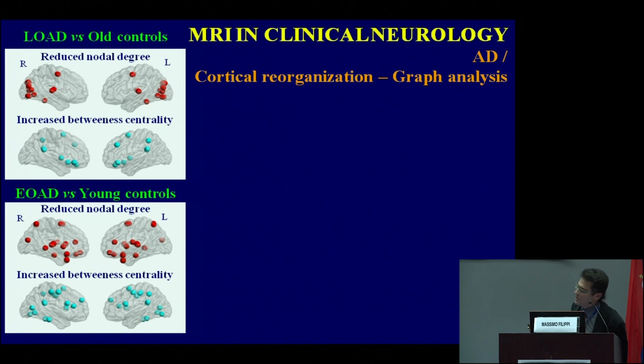I think that the situation is more convincing in early onset Alzheimer's disease, which is a more severe condition, more rapidly evolving, as you know, where we have a reduced connectivity around the entire brain, but the increased short-range connectivity, which is perhaps compensatory, is mainly seen in the parietal regions.